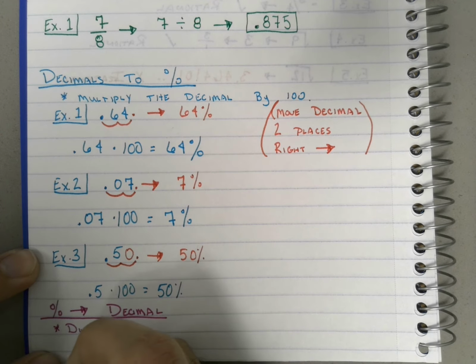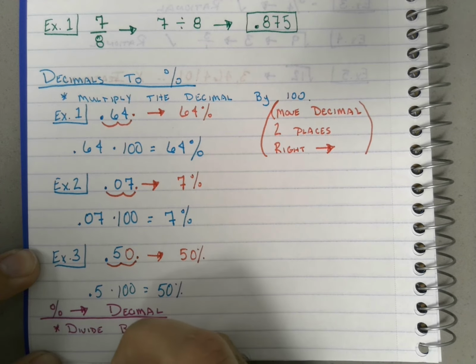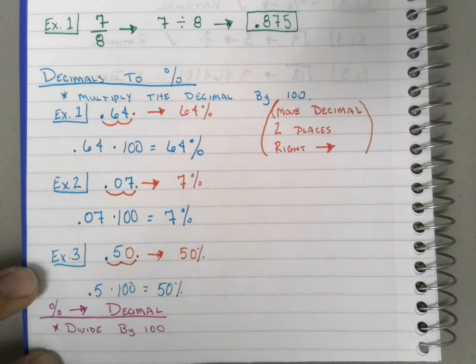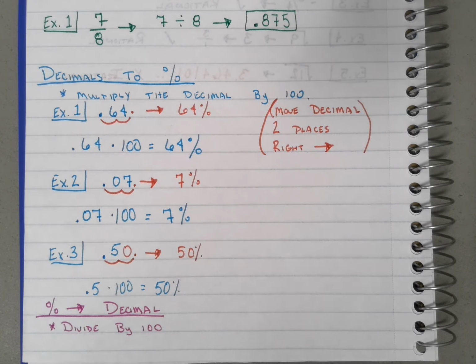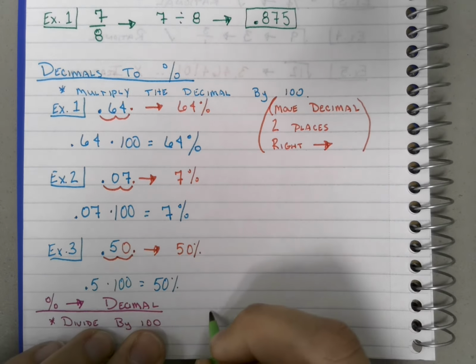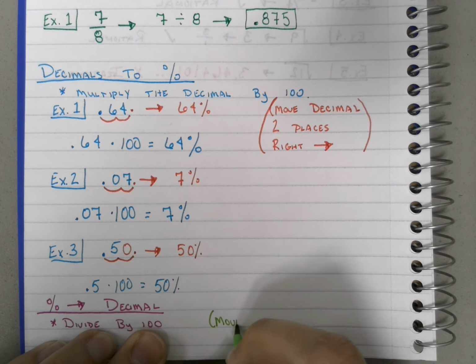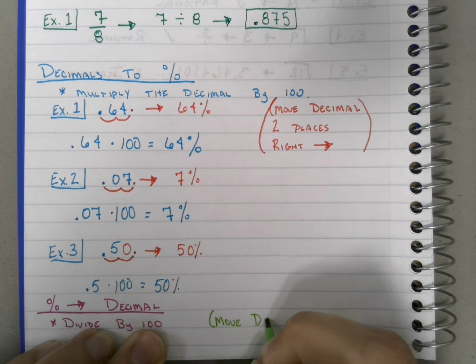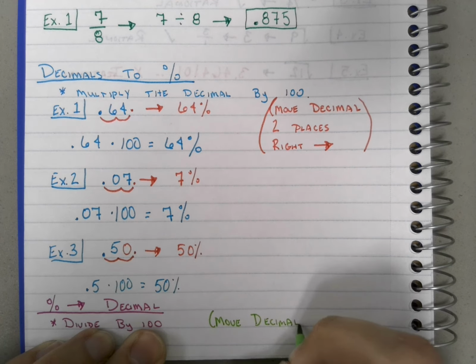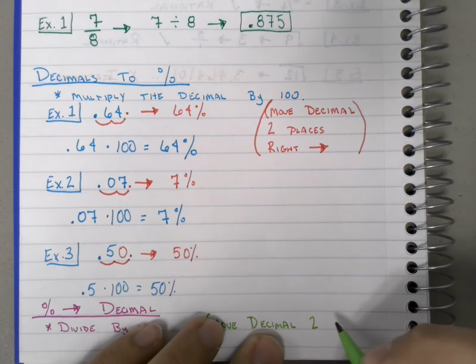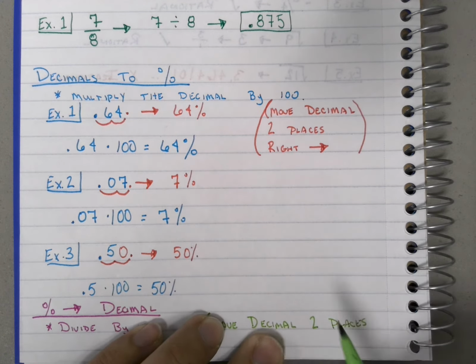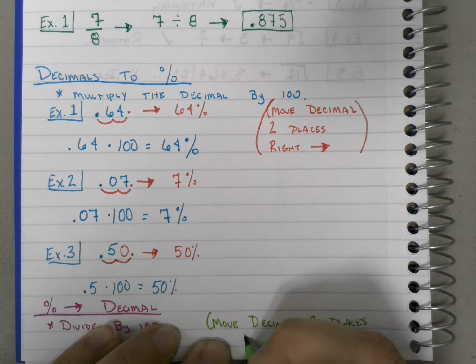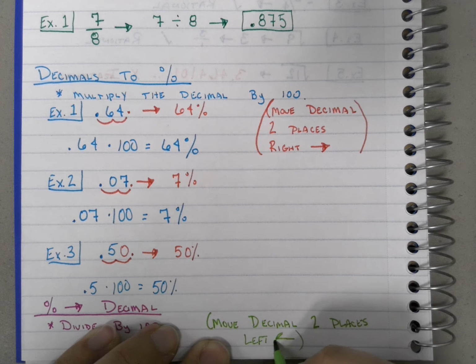You're going to divide by 100, okay? Or you can think move decimal 2 places. Now up here we went right, down here we're going to go left. Okay, that's that direction.